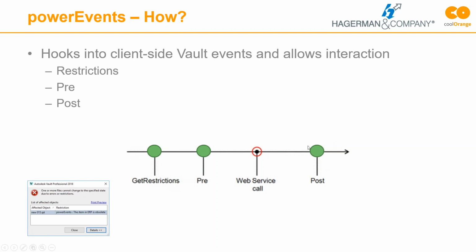But in all the real-world things I've been thinking of, not a lot has come to mind for the pre, but there are a lot of things you might want to do in response to a file being added, in response to a file being checked in, right? That's really most of what we're going to cover today. If it's not a restriction, it's something that happens in response to another Vault action taking place.